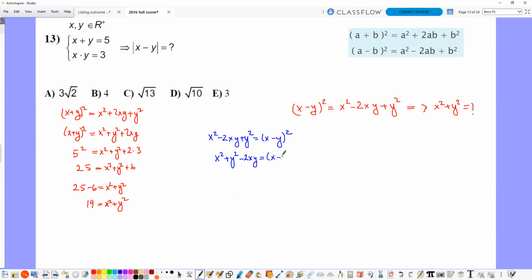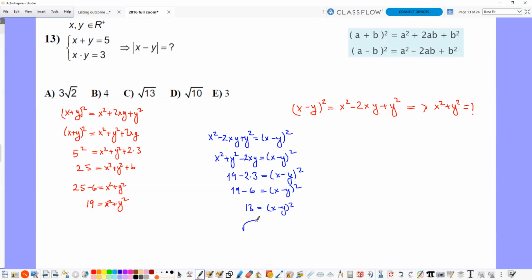That's why I can now find x minus y squared. X squared plus y squared is equal to 19, and minus 2xy is equal to minus 2 times 3. That's equal to x minus y squared, which is 19 minus 6. Here, 13 is equal to x minus y squared.